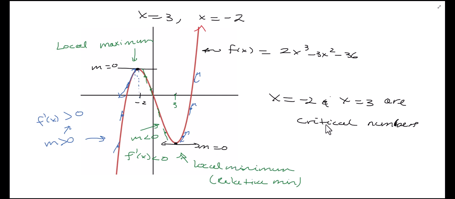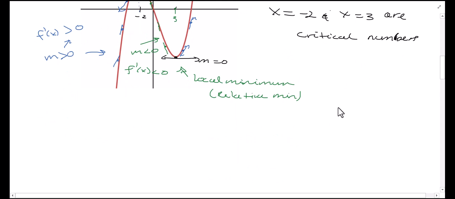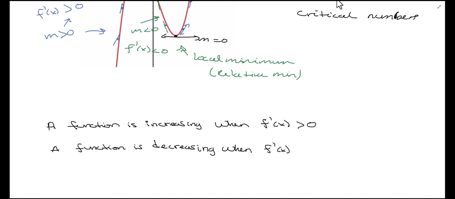So to summarize what I just said, we can say then that a function is increasing when the derivative is positive. So let me write that down. And likewise, a function is decreasing when the derivative is less than 0.